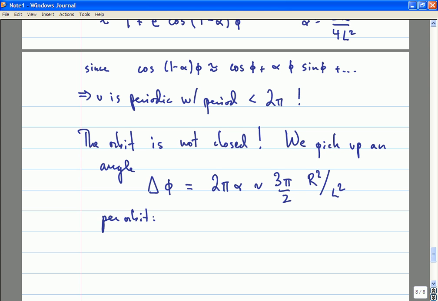So this is the famous precession of the orbit of Mercury. So for example, if you compute this for Mercury, this is about 43 seconds of arc per century.